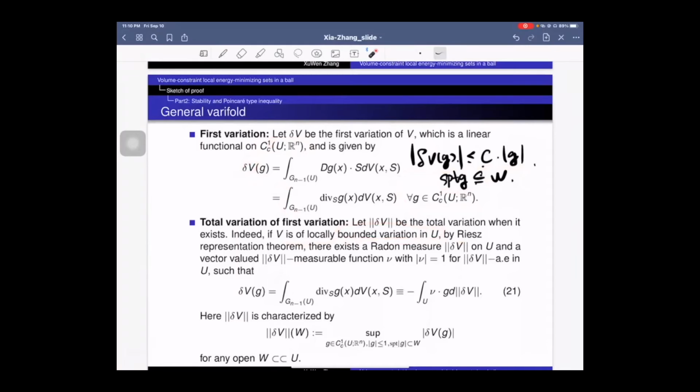And then we can use the Riesz representation theorem to see that there exists a Radon measure ||delta V|| on U and a vector-valued ||delta V||-measurable function nu, whose norm is 1 for ||delta V|| almost everywhere, and such that the linear functional delta V(g) can be represented by this integral. And here ||delta V|| is called the total variation of delta V and is characterized by this formula.